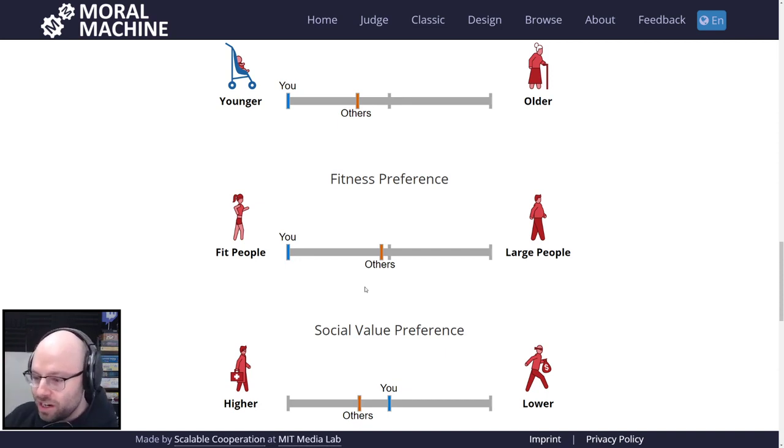At no point did it even factor into my brain that I was hitting more large people than fit people. Now, what I might say is maybe the fit people, because they're running outside more often, maybe they respect the traffic lights a little bit more. I'm not saying it. If anything, MIT is saying it.